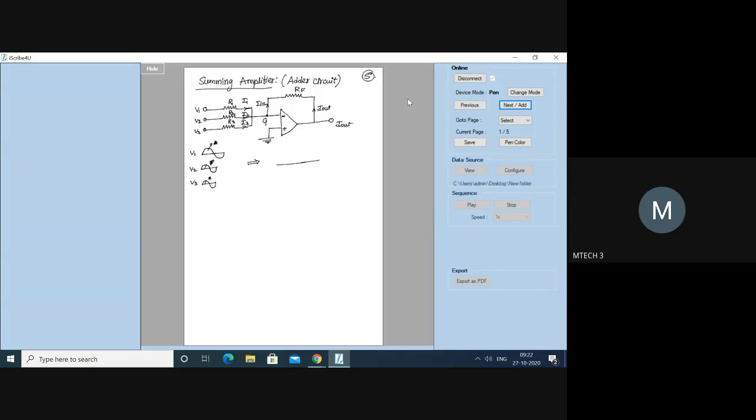What are you interested in now? You want to sum V1, V2, V3. Is it only summing that you are doing? Is the output simply V1 plus V2 plus V3 or something else?